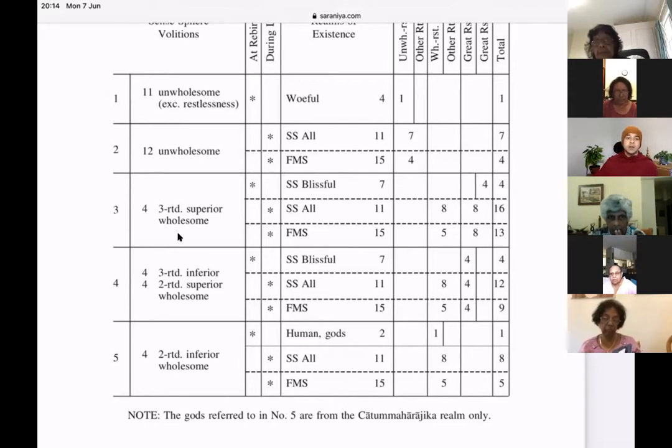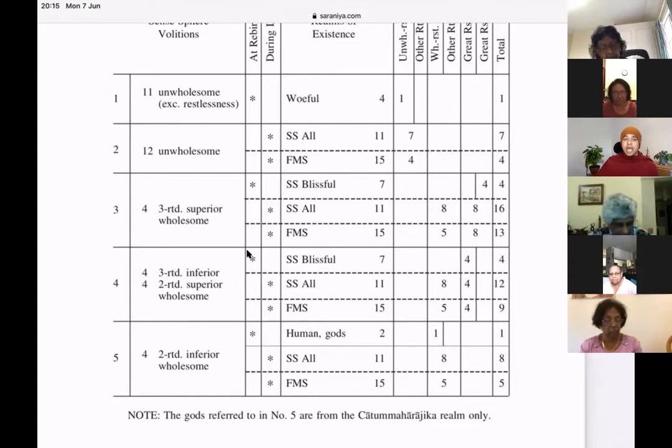Yes. Much clearer for us now, Bhante. We know what you're talking about. Okay, so 3 rooted inferior and 2 rooted superior are bunged together because, in comparison to 3 rooted superior wholesome, these 2 categories are weak. Hence, they're bunged together, right?